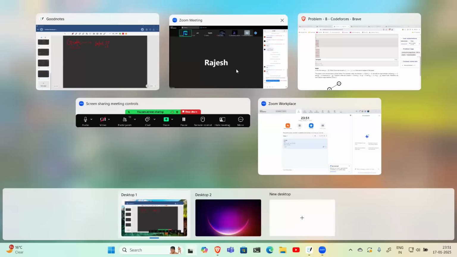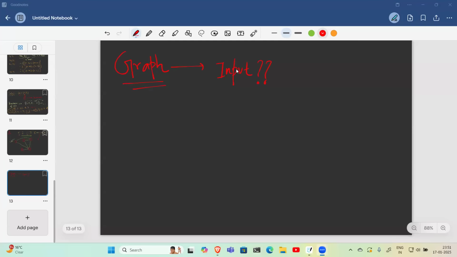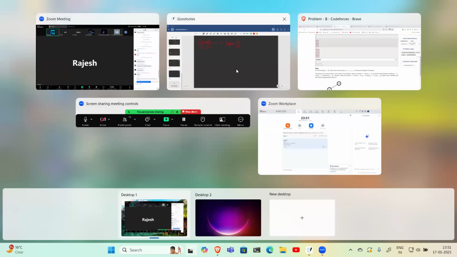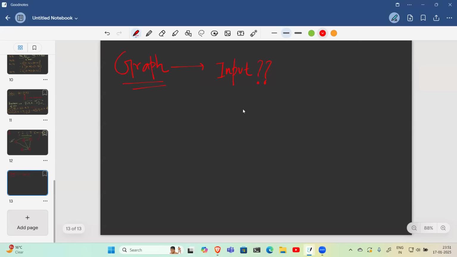So any idea how graphs are given as input? Okay, great. So whenever you see a graph as a problem, graphs are always given as an adjacency list or an adjacency matrix as input. So here we were given an adjacency matrix.